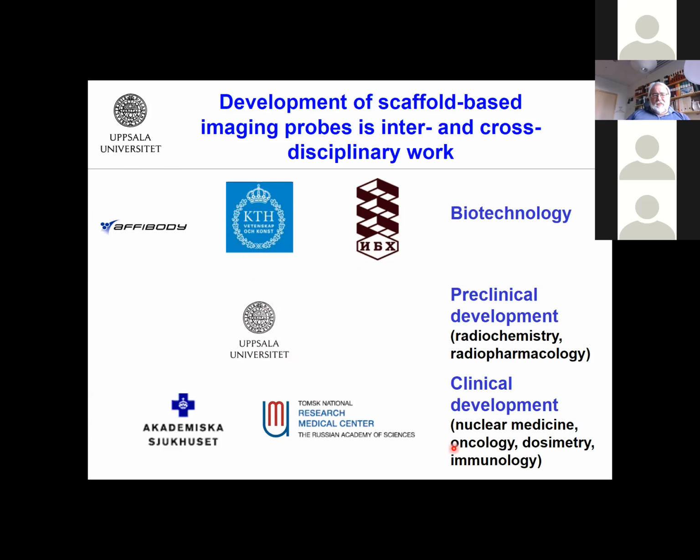And then we have a clinical partner at Uppsala University Hospital and the Research Medical Center in Tomsk, where there are dedicated clinicians who are ready to work hard and fight difficult targets and establish a new protocol. We need to have a really good multidisciplinary team to be successful in this area.